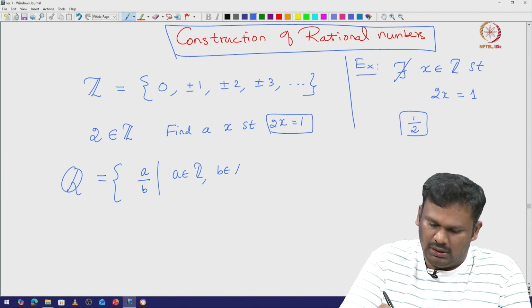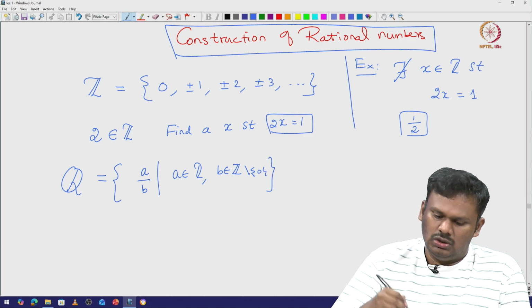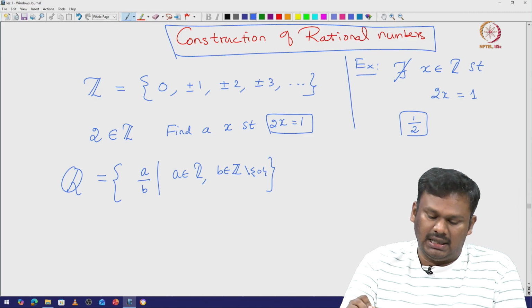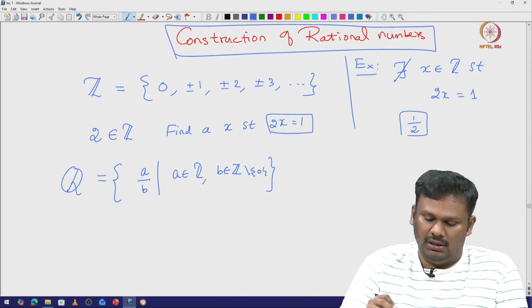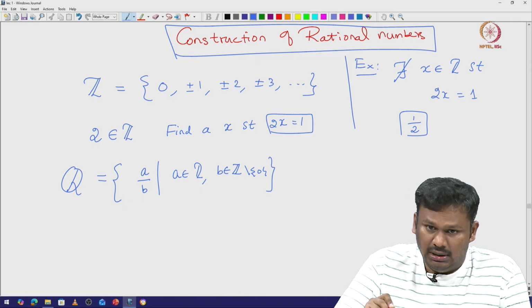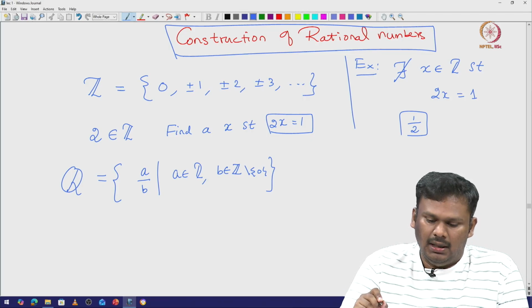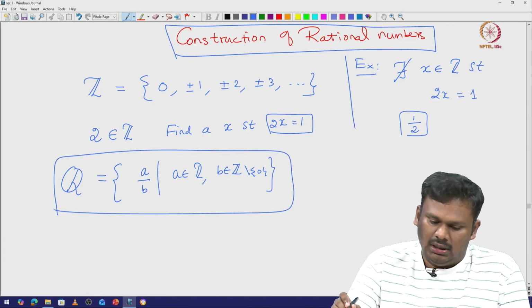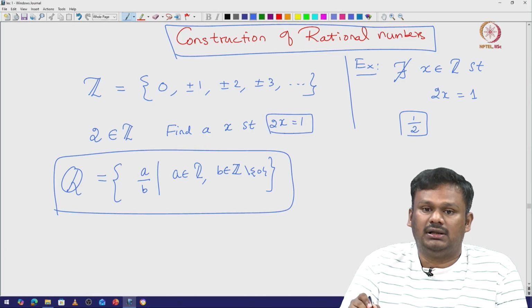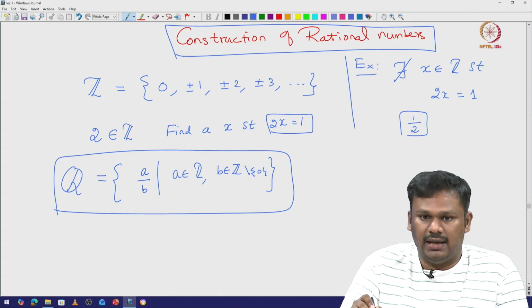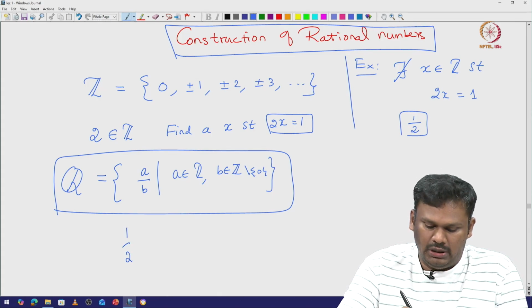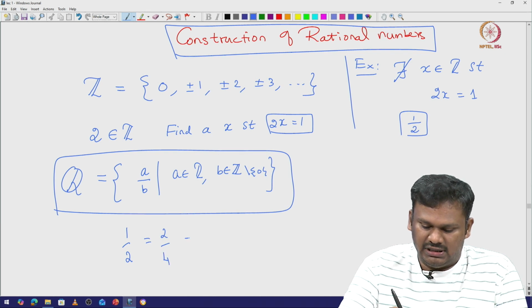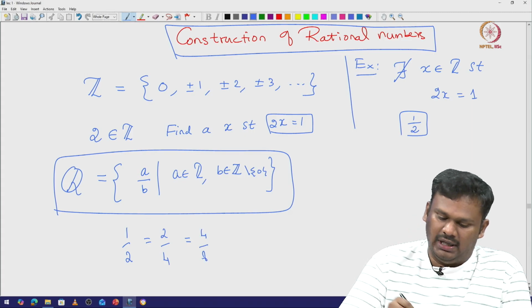Actually, let us take it to be non-zero integers. One can easily see that any rational number can be written as a ratio between two integers with the denominator being non-zero. But the problem with this interpretation is that, like before, two different tuples may give us the same rational number. For example, 1 by 2 could be the same as 2 by 4, which is the same as 4 by 8. So, this could happen.